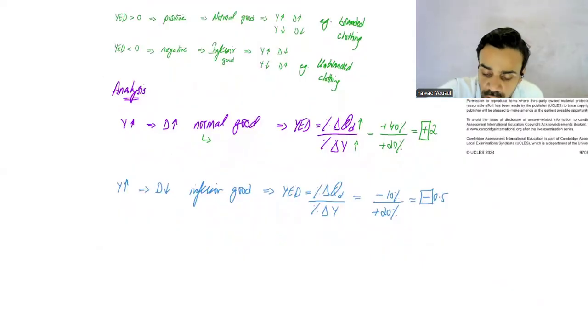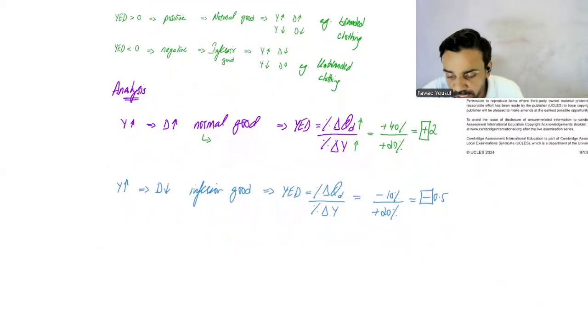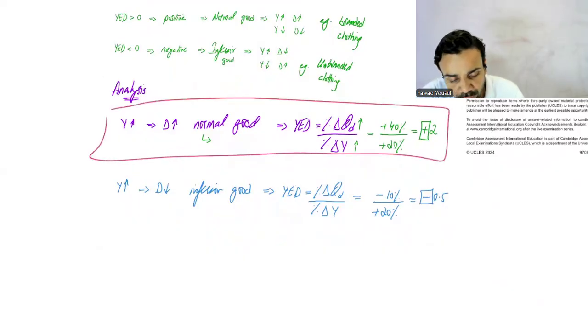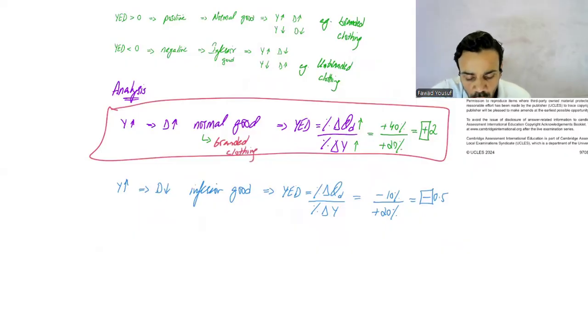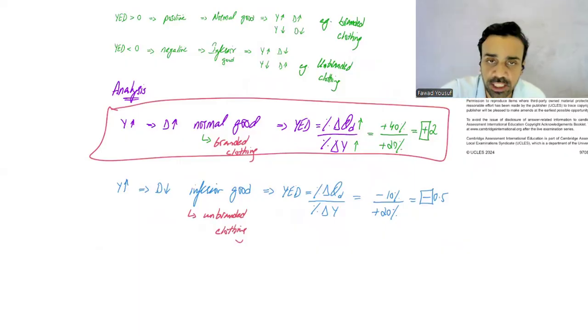One mark where we're actually losing is that for this example I explained, what I should have done was, instead of just a normal good, I should have talked not just in terms of normal good, but also in terms of branded clothing. And in evaluation, I should have talked in terms of unbranded clothing, where a negative value will come and demand will not always rise.